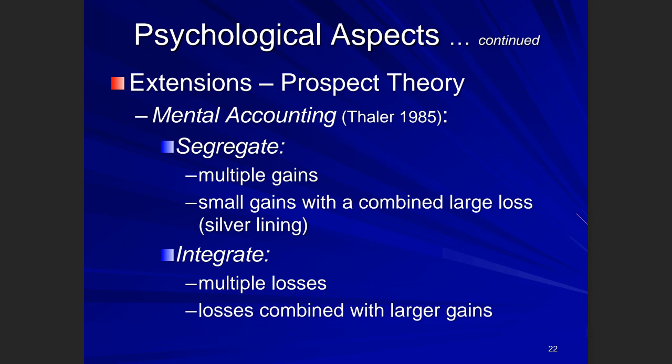And so what Thaler suggests is that in this case, what we want to do is to segregate multiple gains. In other words, we don't want to combine them into one big win. We want to provide for the consumer multiple smaller wins as opposed to one big win.